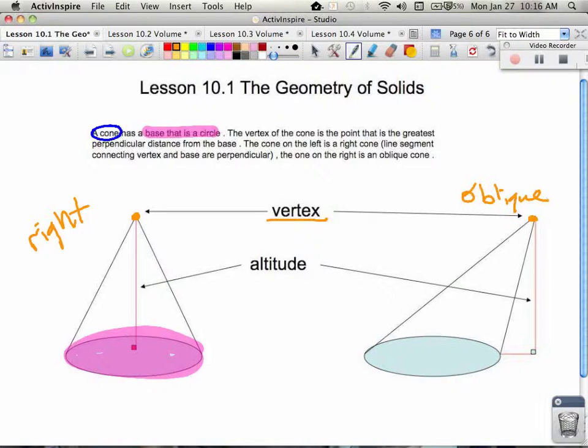Most people that I talk to just think about a right cone as one that's up and down, and an oblique cone as one that's slanted. As far as a holistic way to think about it, that works out just fine. Notice that our altitudes, as in the past, for our right cone lie inside the cone, perpendicular to the base, but in the oblique, they're on the outside, perpendicular to the base.